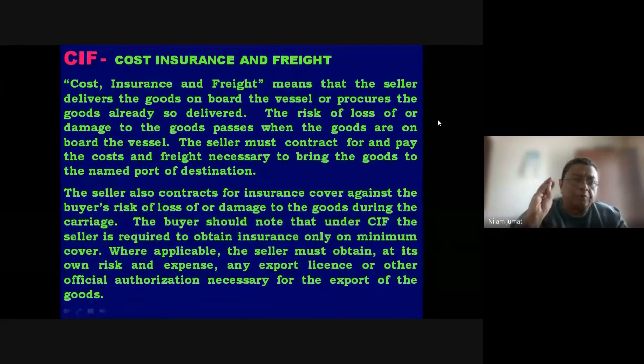FOB, put the goods on board, no paying freight, no paying insurance, nothing, right? But delivery point is on the ship, and all the risks transfer to the importer. Okay.